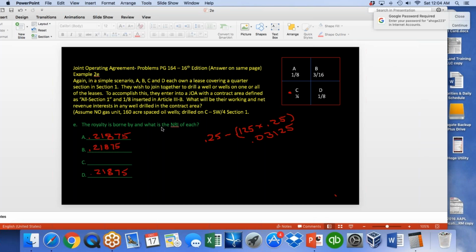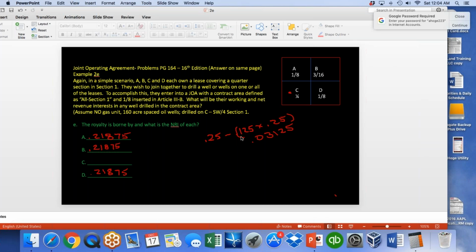Okay, now we've got to look at C. C has a 1/4 royalty. That is 1/8 over what it should be. 0.125 plus 0.125, 12.5 plus 12.5, that's 25%.